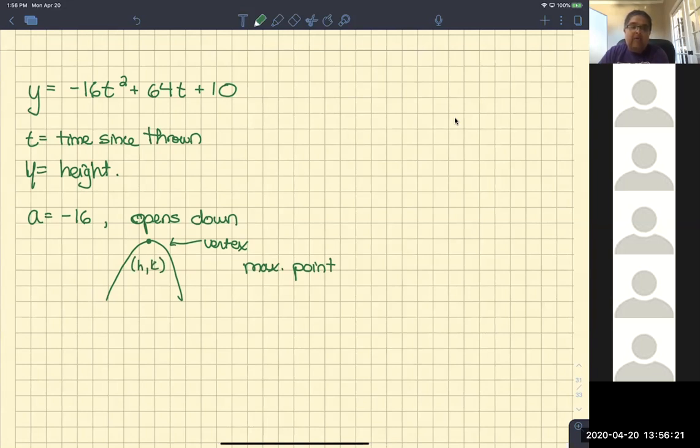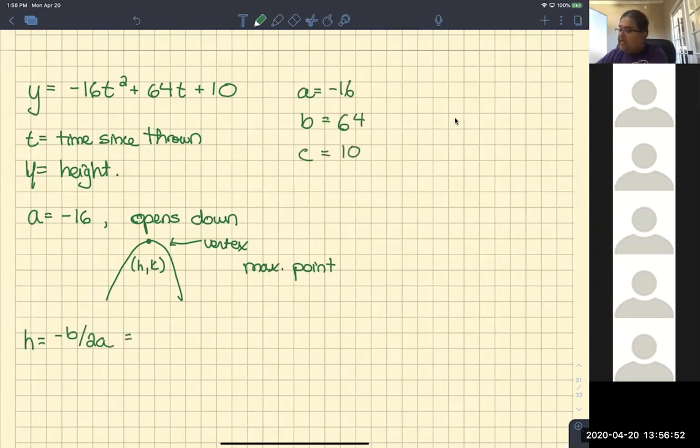Okay, so now we go back to a couple of lectures ago and say, how do I find the vertex of this parabola? Well, remember the formula for the vertex. The formula for the x-coordinate is -b/2a. So in this equation, a is -16, b is 64, and c is 10.